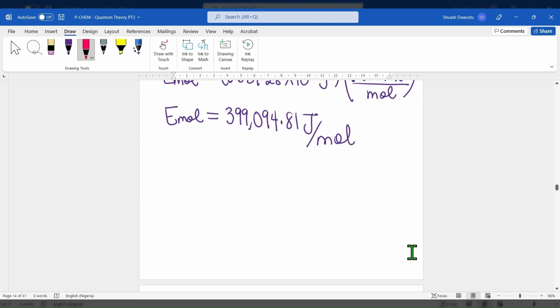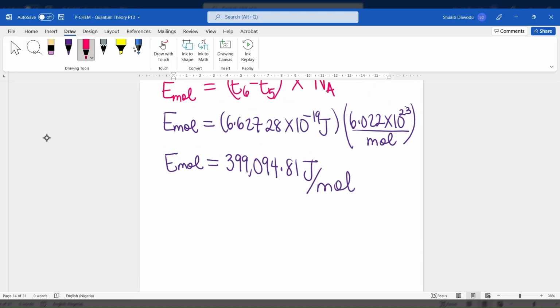When you're using an answer to solve further questions, always use the raw values, not the approximated value, so that we have precision in the final answer. If you've been watching a lot of my videos, you're going to see that I've explained this a lot in previous videos, and I'll still try my best to keep explaining it.